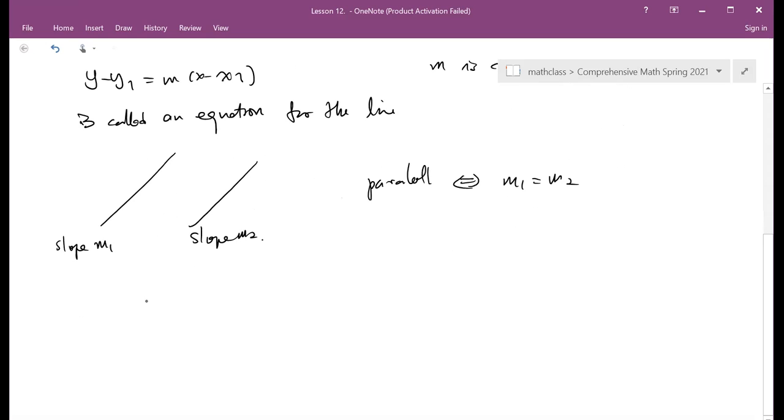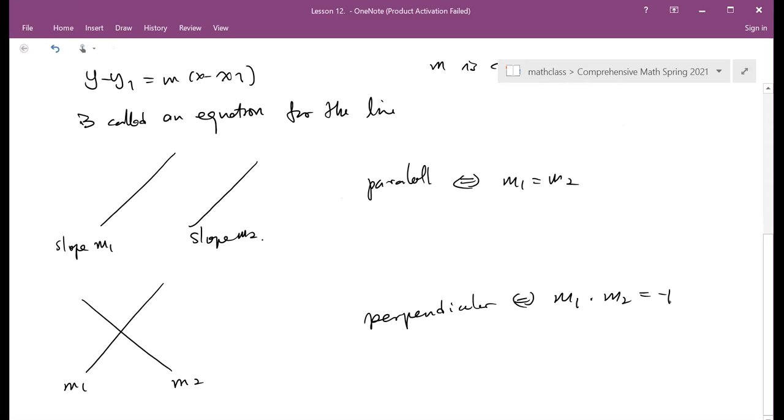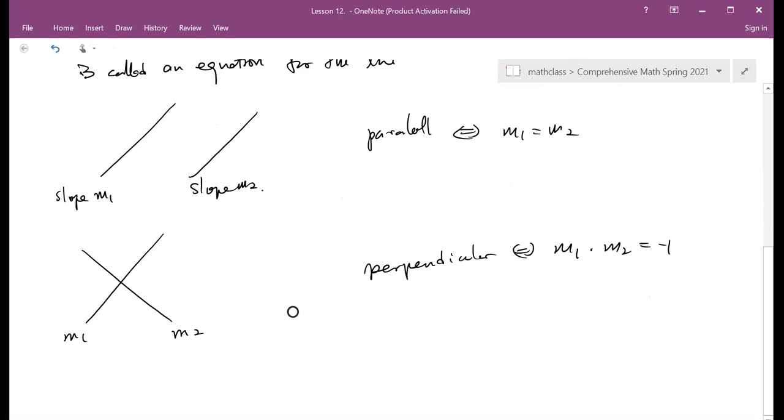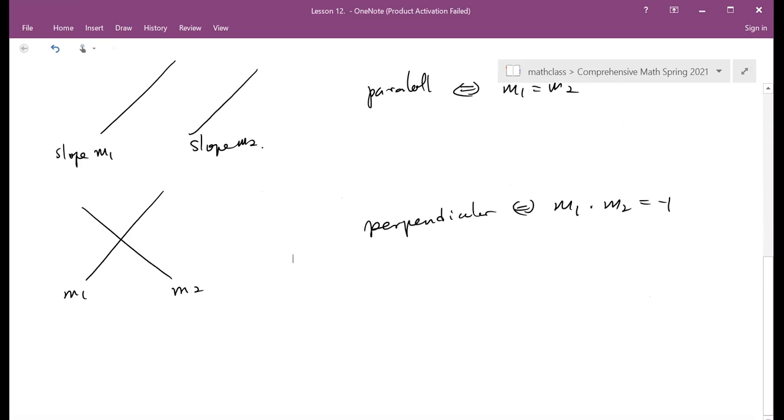That's easy to see. Now, they're perpendicular if and only if m1 times m2 equals -1. Okay? And this is not easy to see.